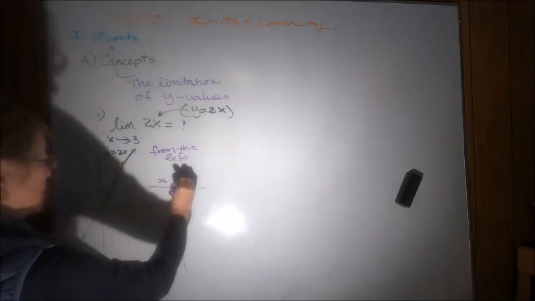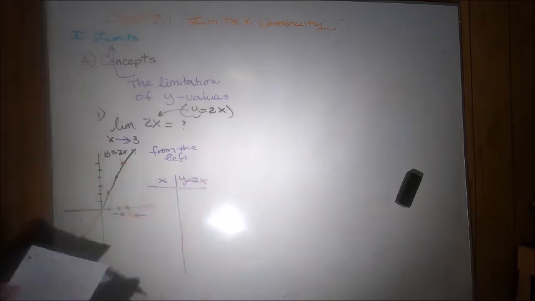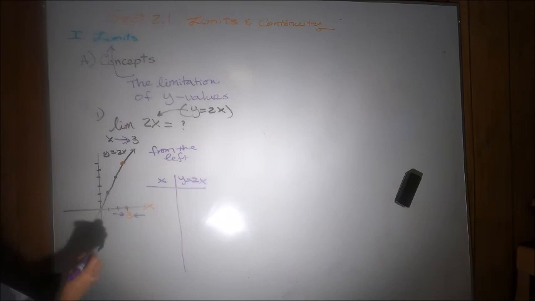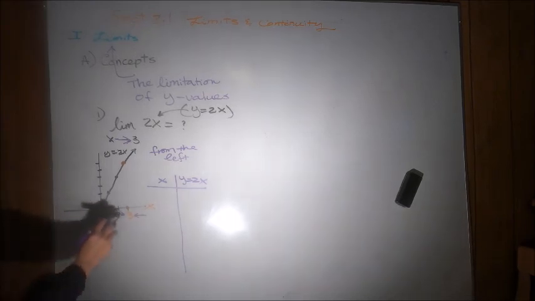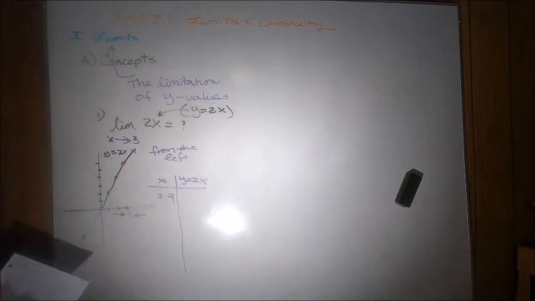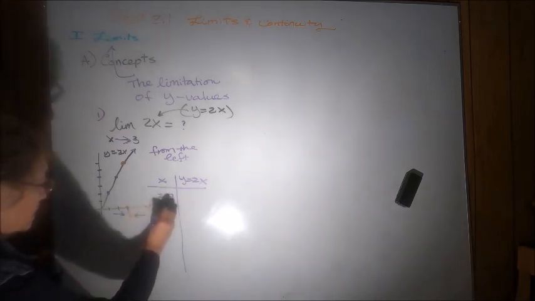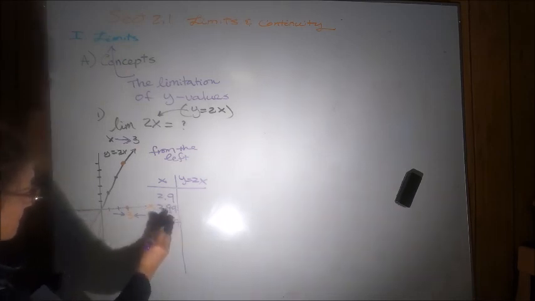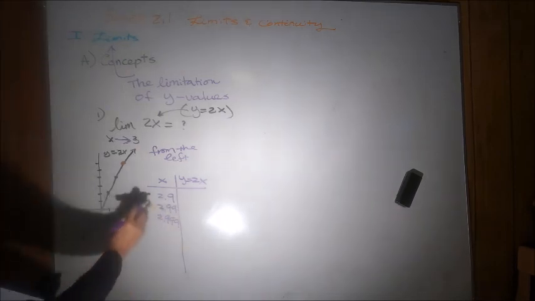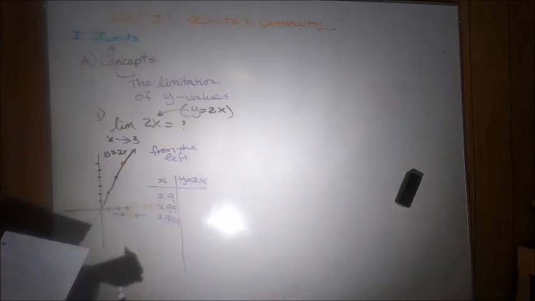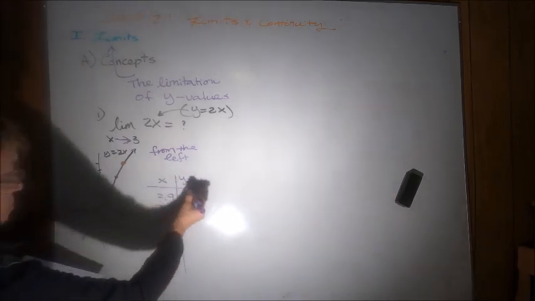What do we mean by approached from the left? That's your y equals 2x. Approaching from the left means those points are getting closer to the 3. So it can be 2.9, 2.99, 2.999, things like this. When we plug in 2.9, what's your 2x?